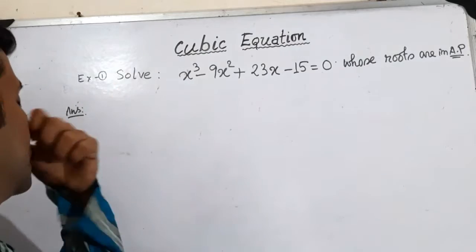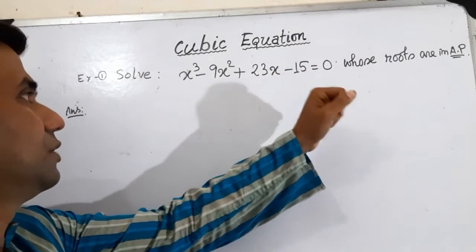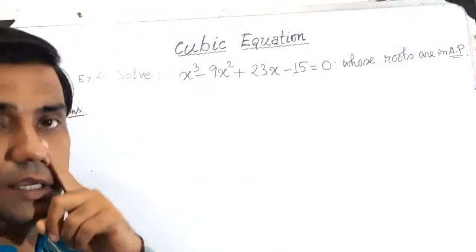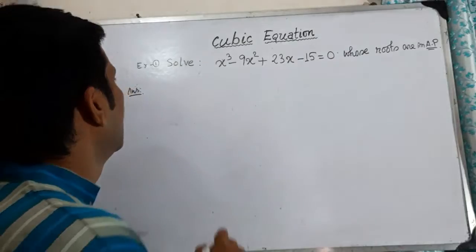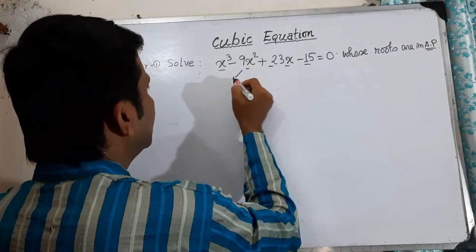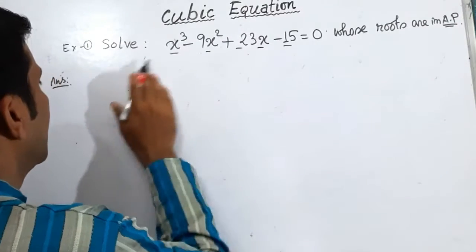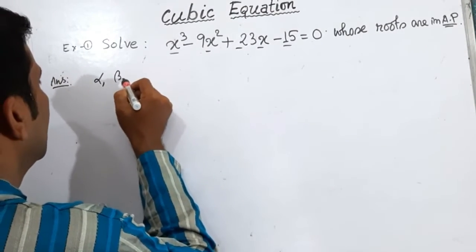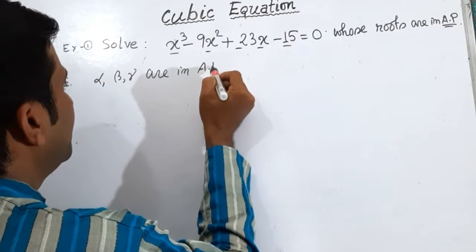It is given that x³ - 9x² + 23x - 15 = 0, whose roots are in AP. Since it is a cubic equation, the roots are alpha, beta and gamma, and they are in AP.